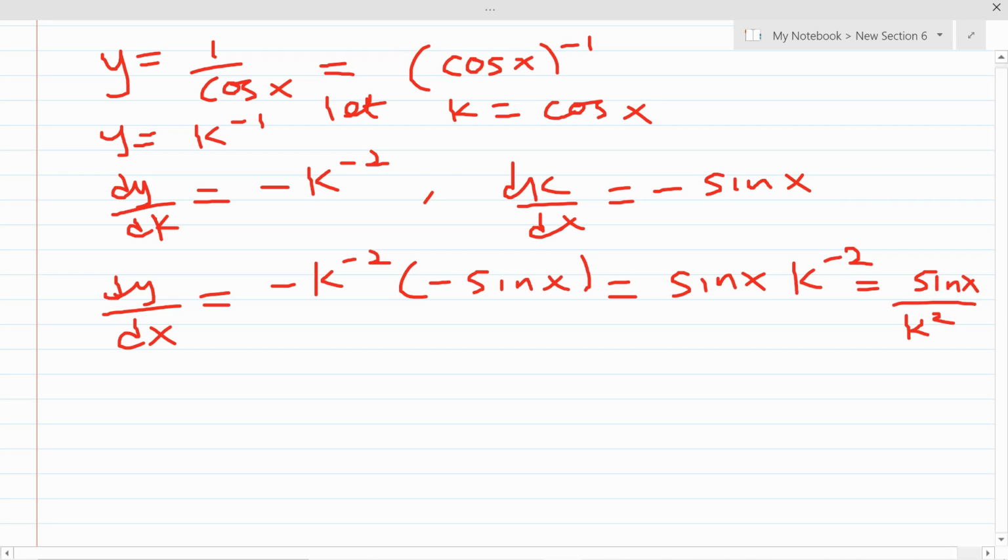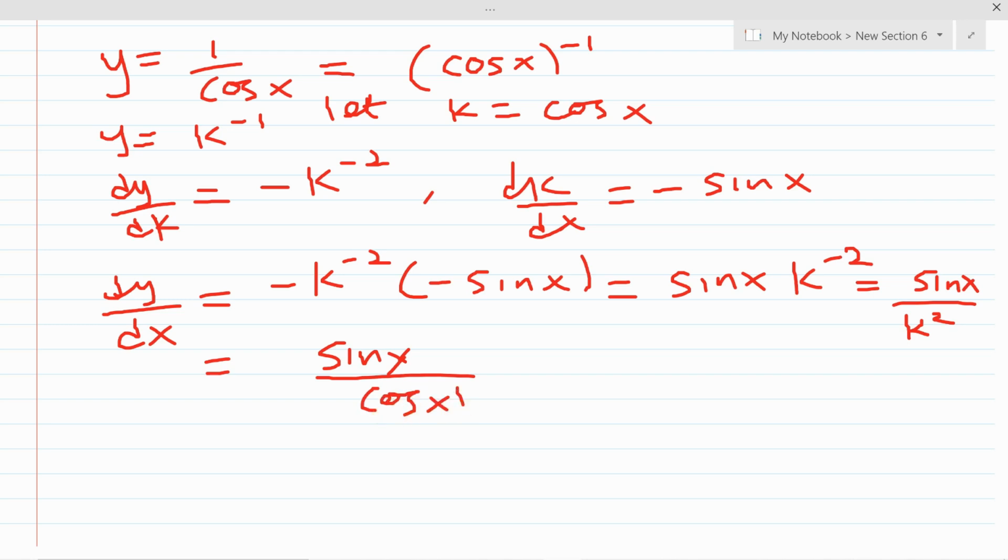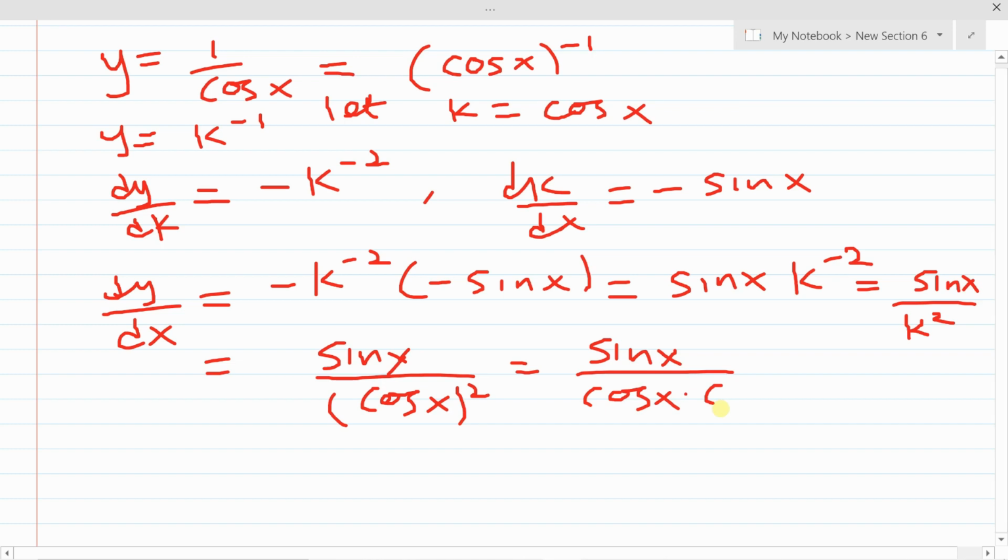So now our dy/dx is equal to sine of x over cos of x, all squared, which is sine of x over cos of x times another cos of x.